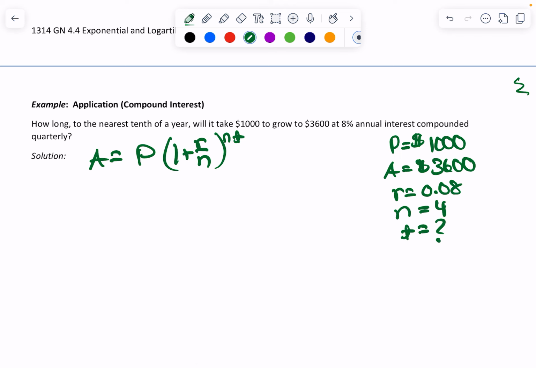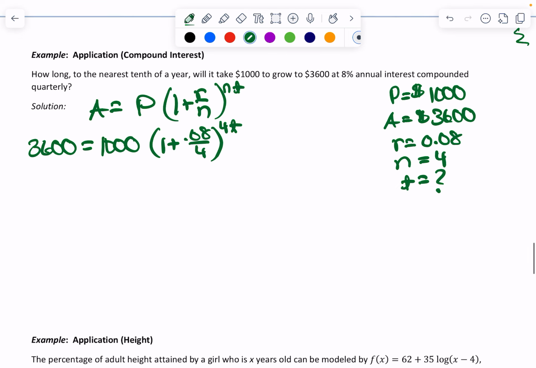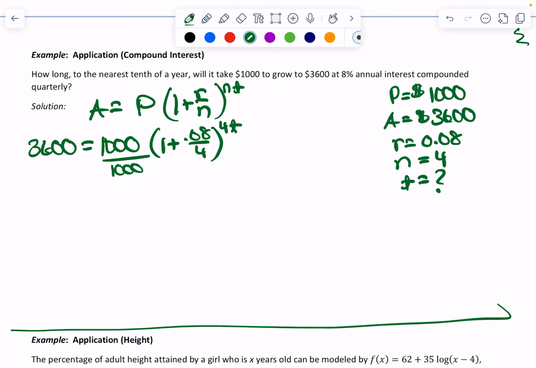Okay, so let's plug in the numbers. 3600 equals 1000 times (1 plus 0.08 divided by 4) to the power of 4t. We need to isolate the exponential form right here, so we're dividing by 1000.